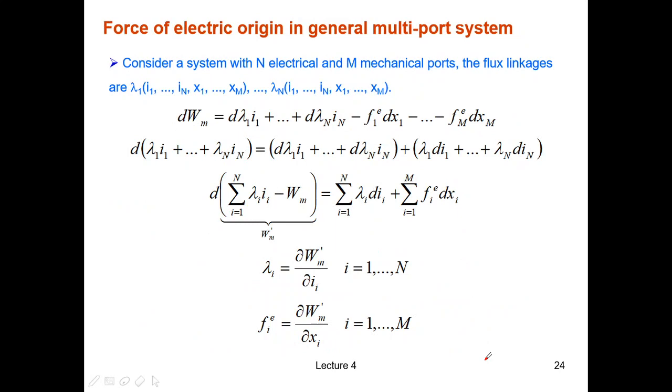We can generalize this. Here it's very abstract. We have N electrical ports and M mechanical ports.